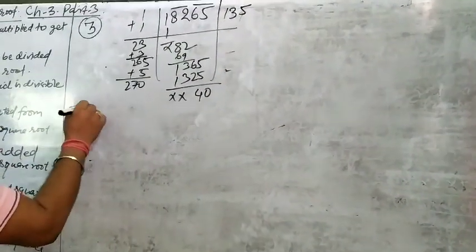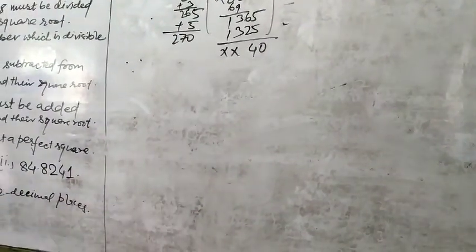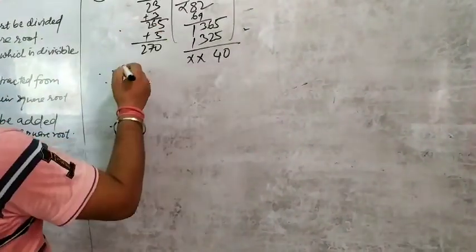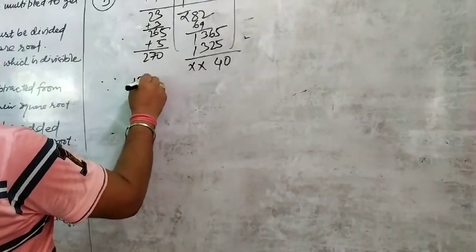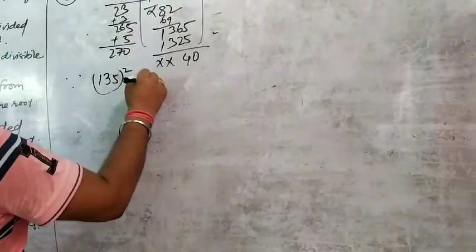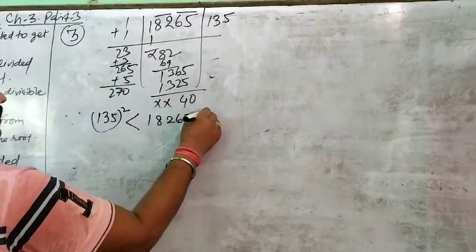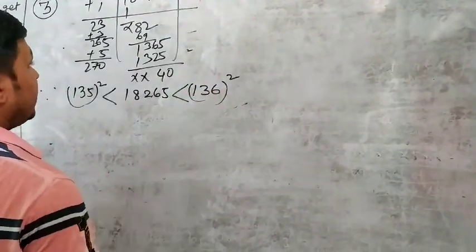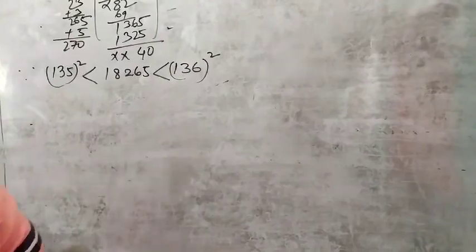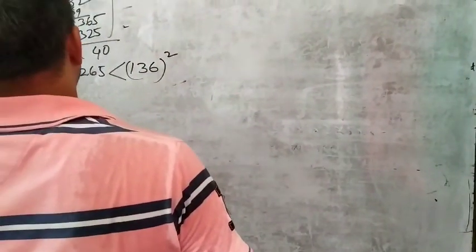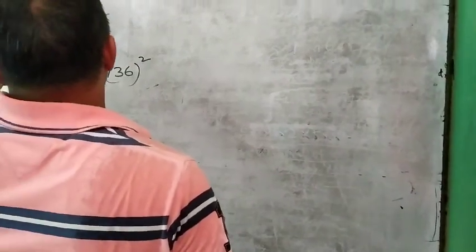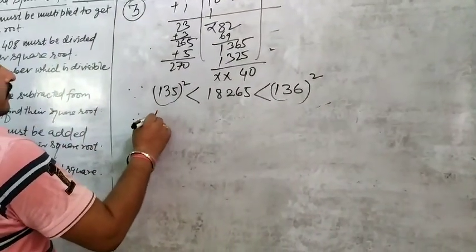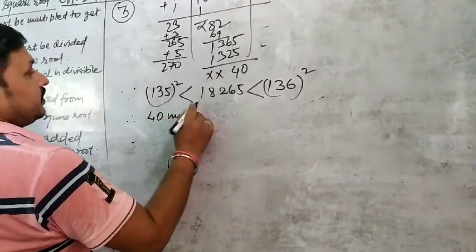Since 135 square is less than 18265, and 18265 is less than 136 square, we subtract the remainder.